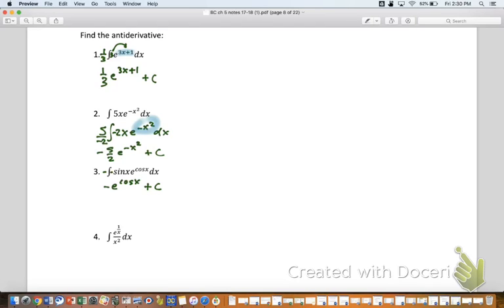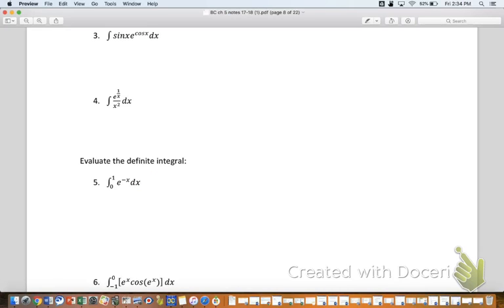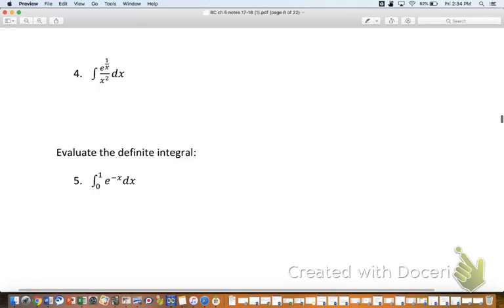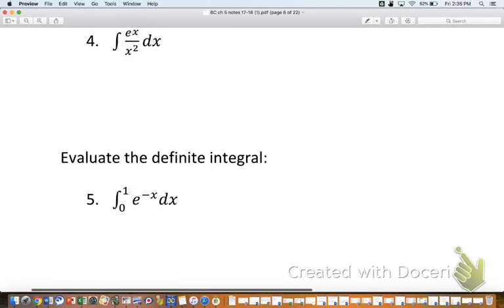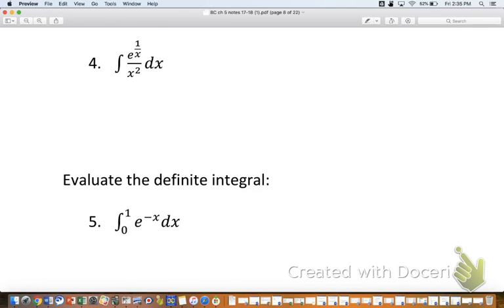And then the last one is definitely the trickiest. Once again, because there's some algebra, and algebra sometimes we think is easy, but it's not always quite like that. So number 4, we got to do a little bit of manipulation. First thing I'm going to do is rewrite as the antiderivative of e to the x to the negative 1, and then that whole thing is times x to the negative 2. I'm just going to get rid of anything involving a fraction, convert it over to a negative exponent.